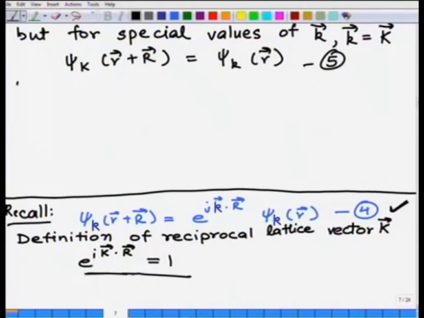All right. Now, let us proceed further. Now, let us do a trick. If this special capital K is a special vector, then for any small vector k, let me express it as k prime plus a capital K vector.